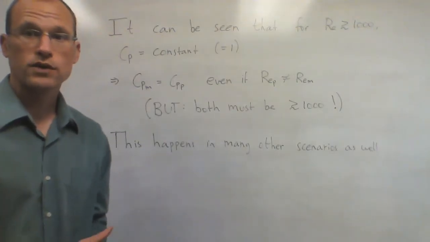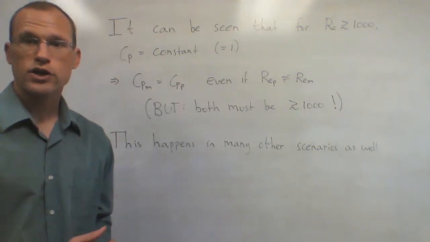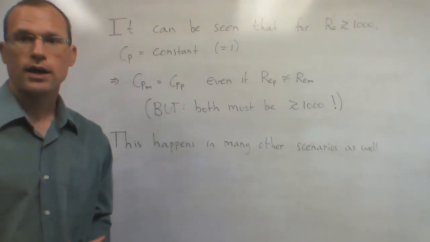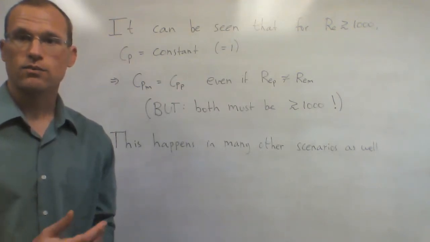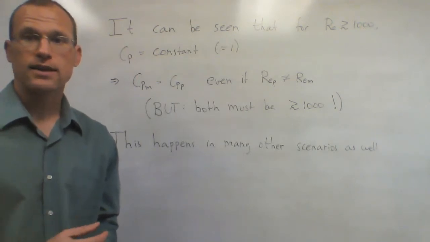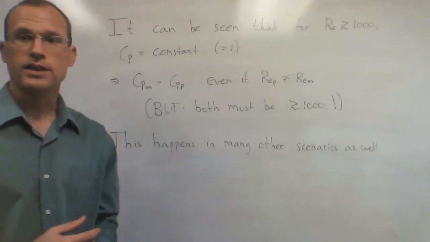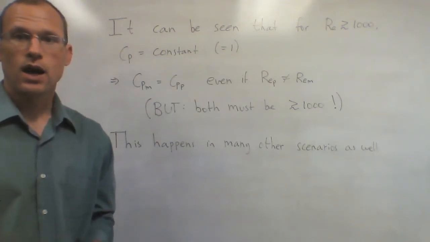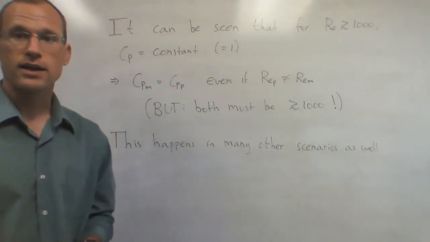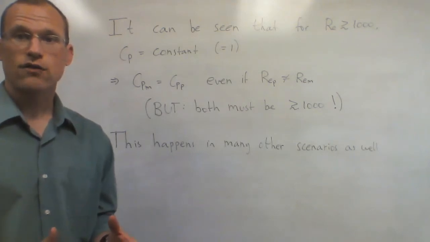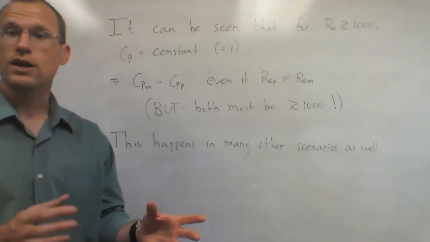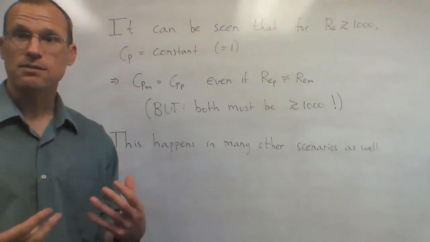So we just saw from the previous graph that the coefficient of pressure for the Venturi meter is roughly constant, approximately equal to 1, for really big Reynolds numbers, anything above roughly 1,000. The important thing about that is that it doesn't change. So it doesn't matter if I have a Reynolds number of 1,000 or 10,000 or 100,000, I have the same CP value.